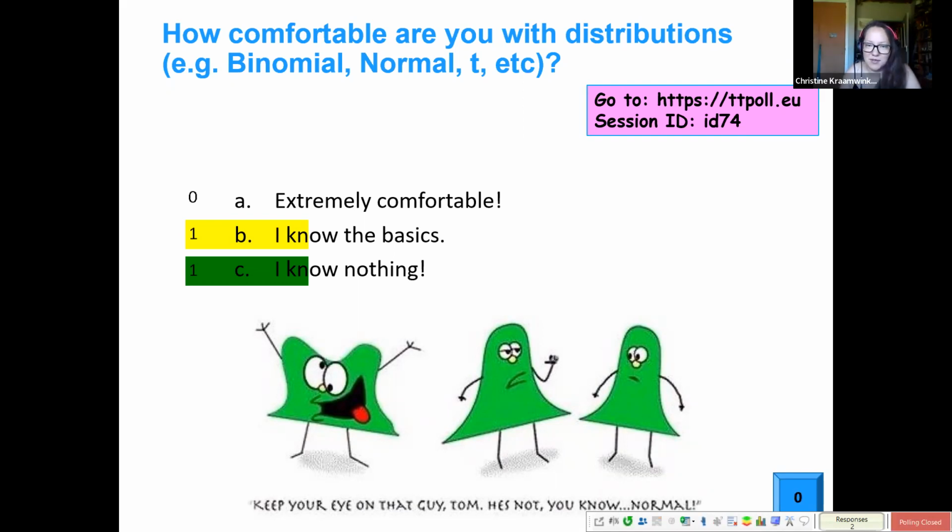Okay, I see not enough people, only 2 people answered, so I'm going to just restart this poll. Because it is important for me to know at what level to aim this.